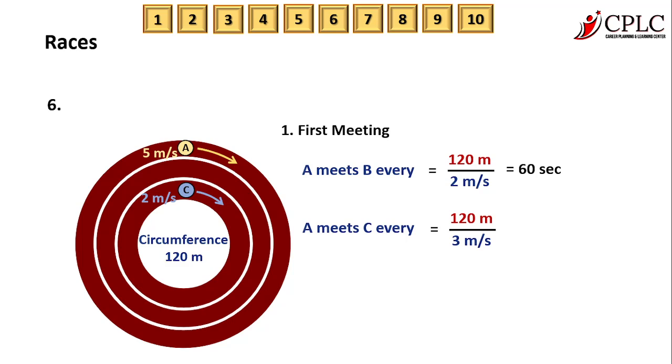Now, because we were supposed to find out for all three of them, what ideally should be done is to take the LCM of A and B's value, which is 60 seconds, and A and C's value, which is 40 seconds. The LCM of 60 and 40 is 120 seconds.